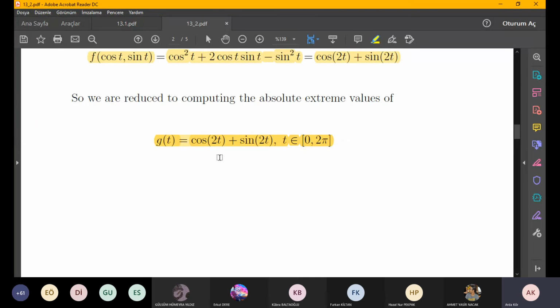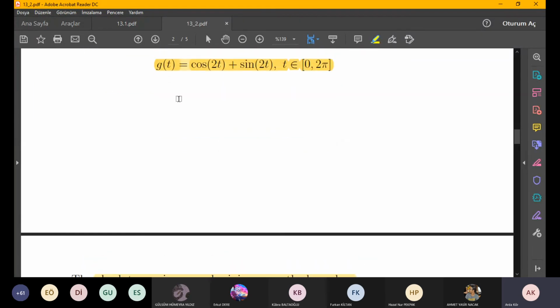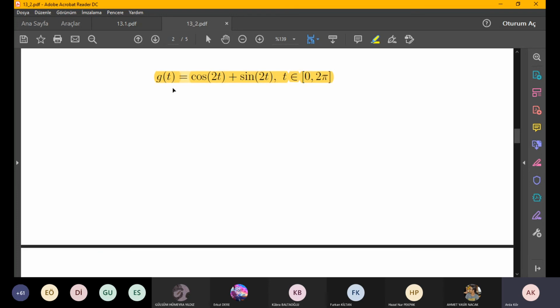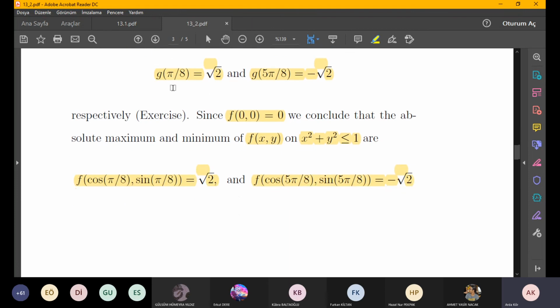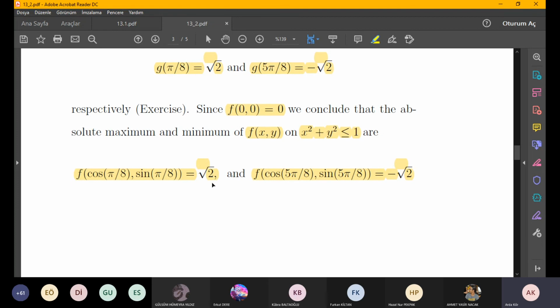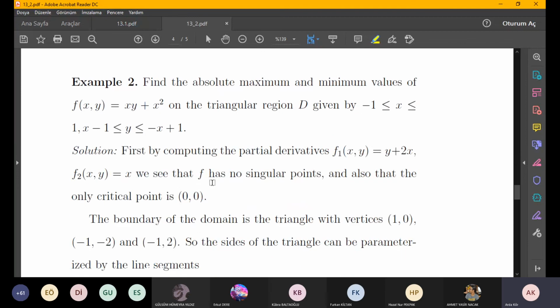After that, you try to find the absolute extreme values of g(t), which is now a one variable function. And at the end, you need to compare all these values. You need to follow these steps.